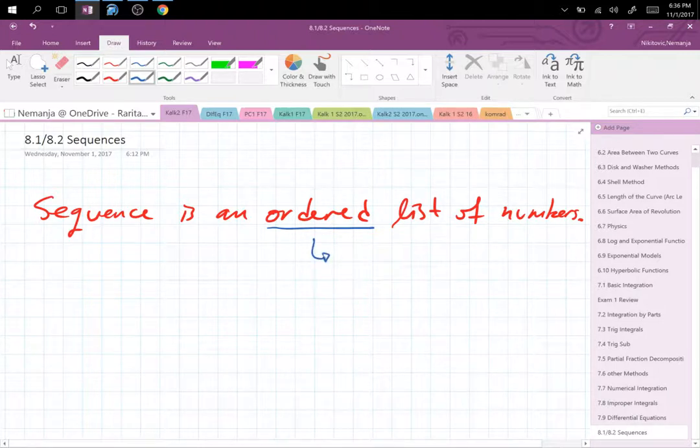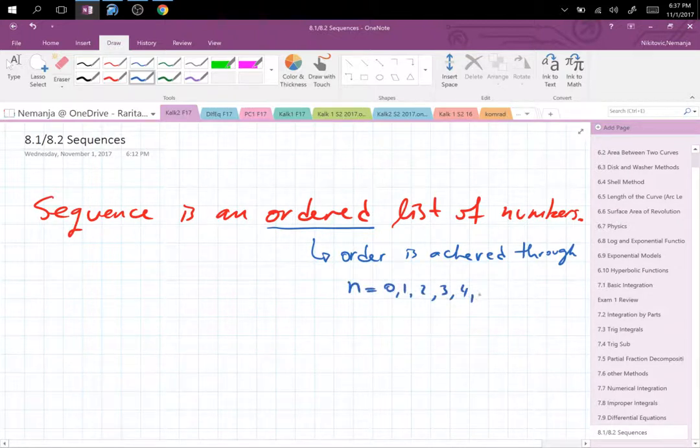Ordering is achieved through the set of counting numbers, natural numbers n, with 0 added in the mix. So whole numbers. Order is achieved through n equals 0, 1, 2, 3, 4, 5, 6, and so on.